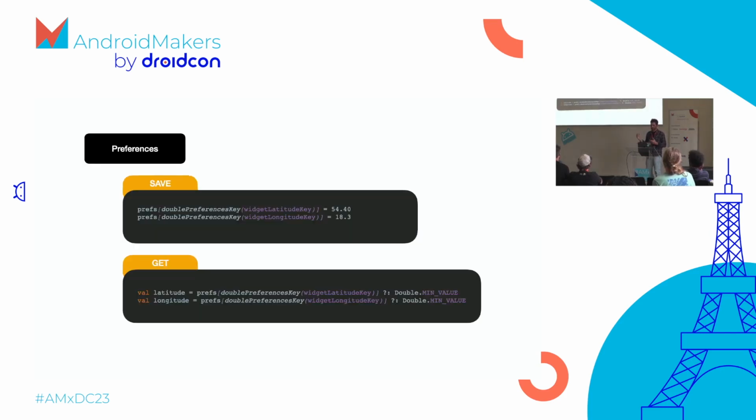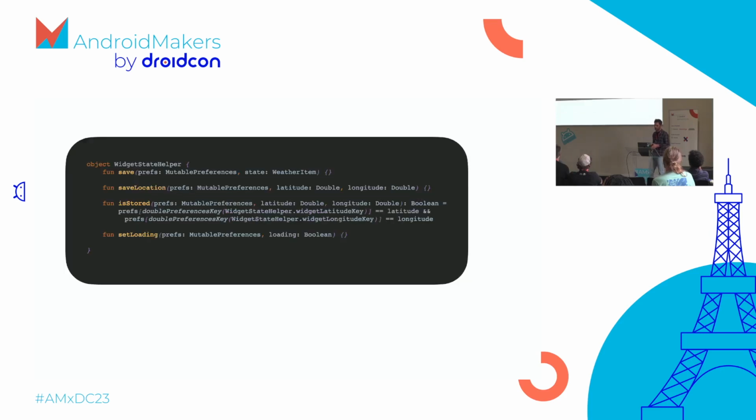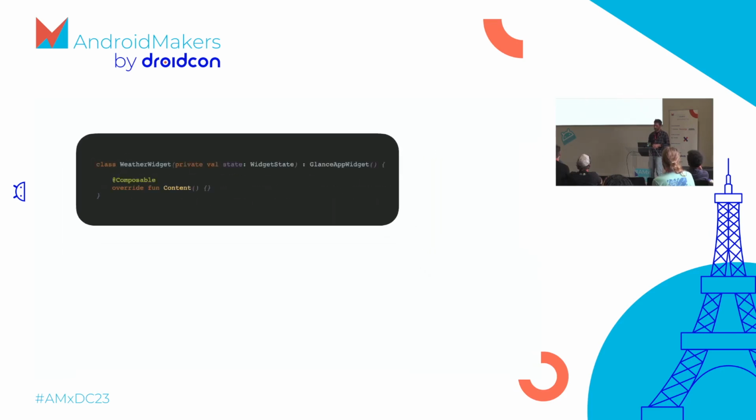So to access those preferences, as I told you, we have just this Glance definition, and to save or get your preferences, you are just calling the keys. So in my case, I have the widget latitude key and widget longitude key. Since we are building the weather widget, it's the most important part. I create a simple helper, just an object to save my preferences and get those preferences. Nothing really important here, just so you will not be confused later in the slides.